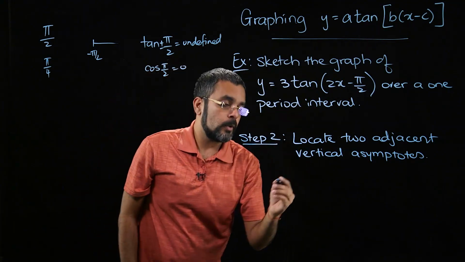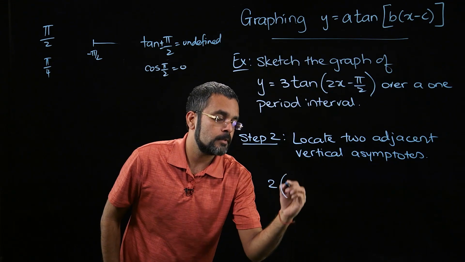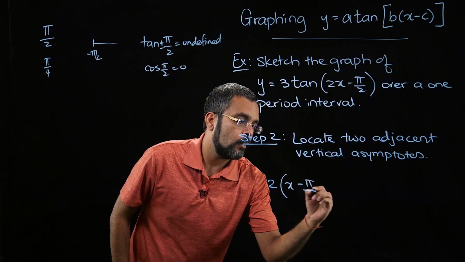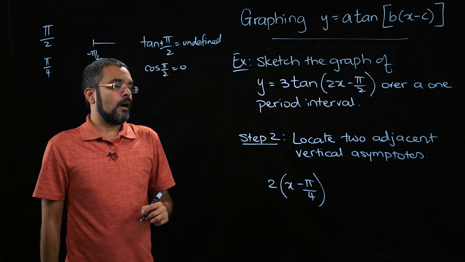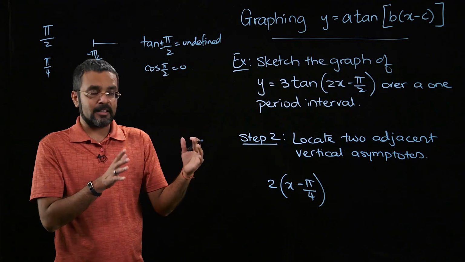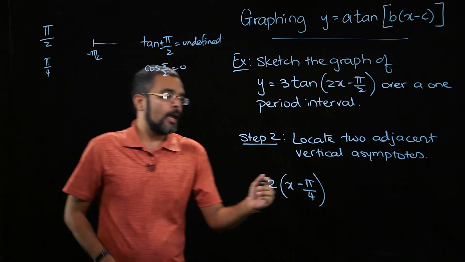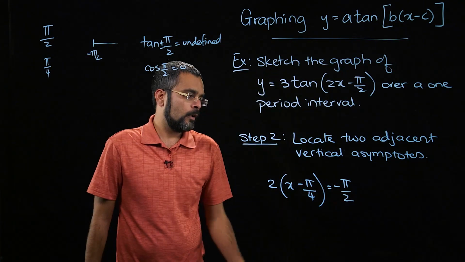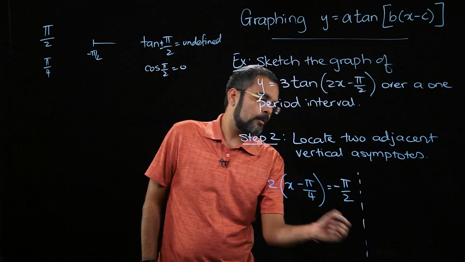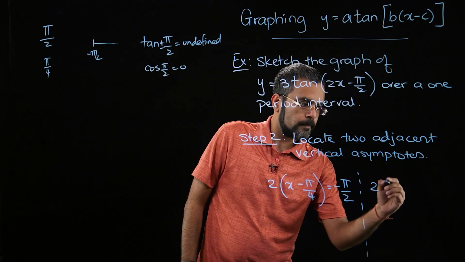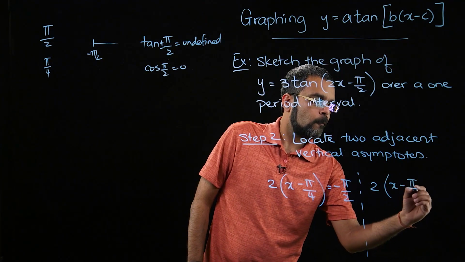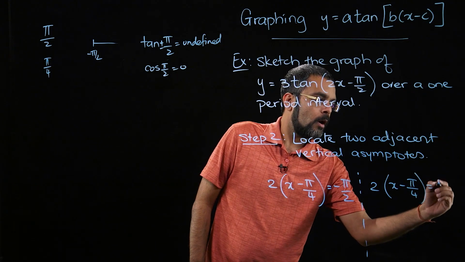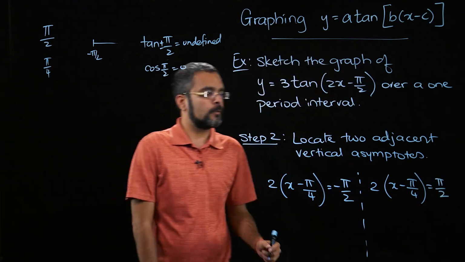So essentially I'm going to take 2 times x minus pi over 4, that was the argument for tan, think about that as an angle for tangent. And I'm going to set that equal to negative pi over 2. And I'm going to do the same thing, and set 2 times x minus pi over 4 equals positive pi over 2.